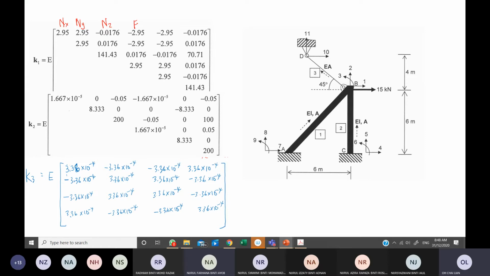Fx, Fy, and Fz. Okay, what is Fx, Fy, and Fz? Far end at X direction, far end at Y direction, far end at Z direction. Okay, so this is for frame, because for frame we have these three DOF per node. So therefore we have X, Y, Z, X, Y, Z like this.